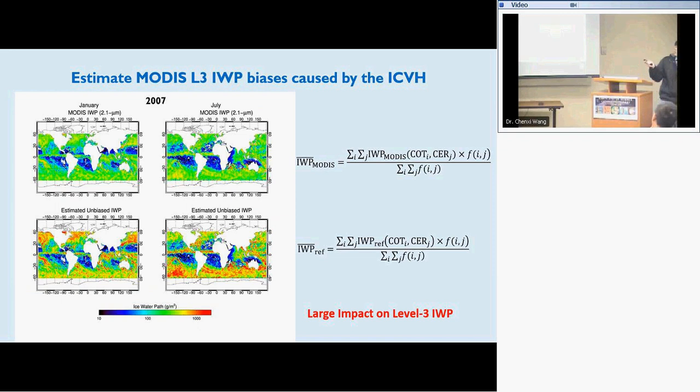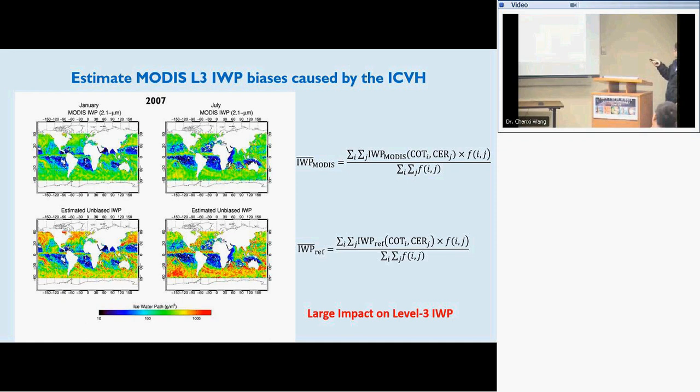So now with this relation, we can estimate what the unbiased IWP could be, starting from the MODIS product. Here I show the MODIS IWP retrieved from the 2.1 micron channel for two different months, January and July in 2007. Here is the estimated unbiased IWP.